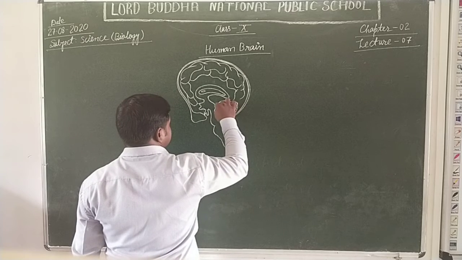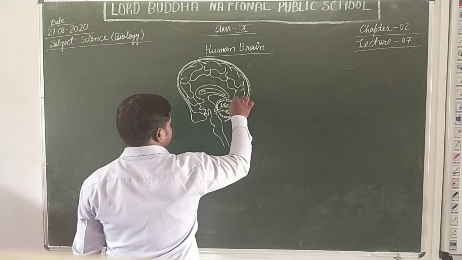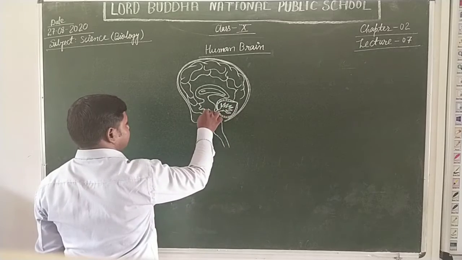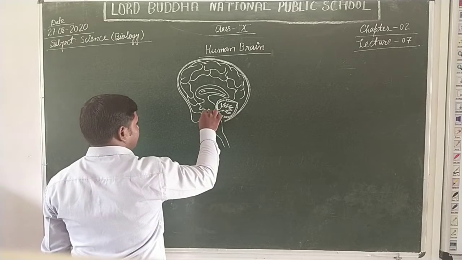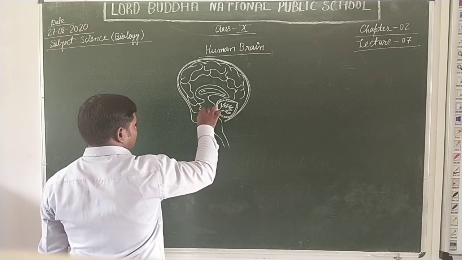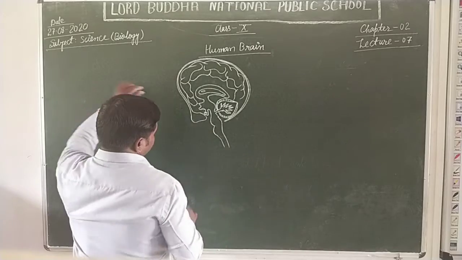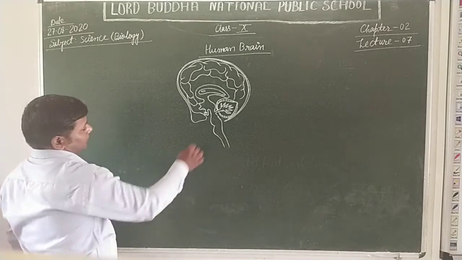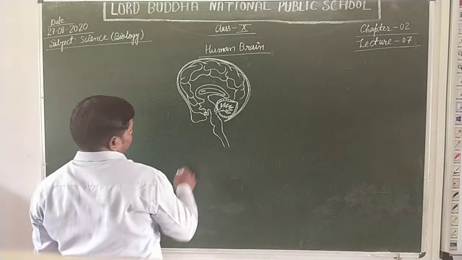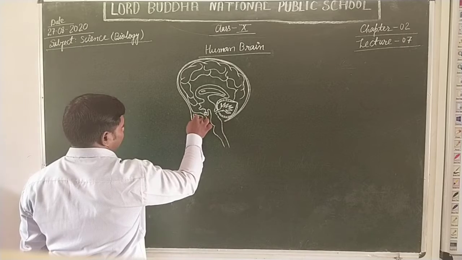This is the cerebellum. Here a T-shaped structure is present that hangs over the infundibulum. This is called the pituitary, the master gland of our body.